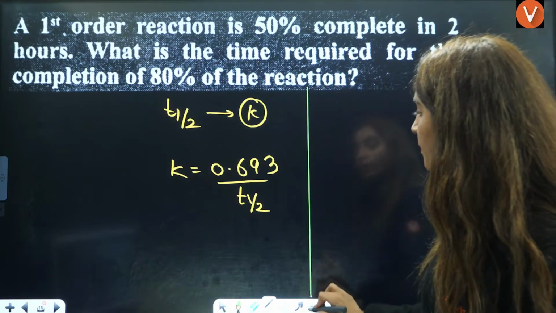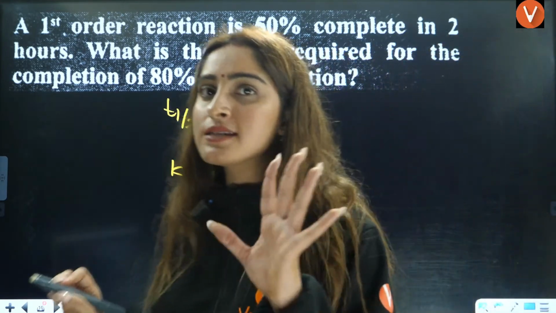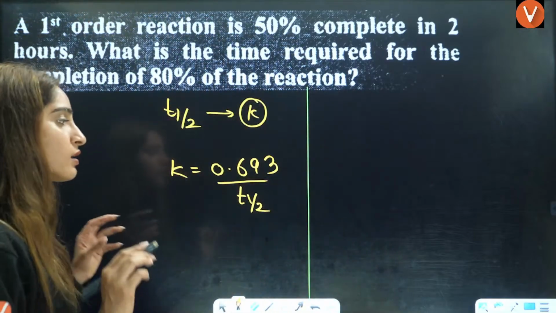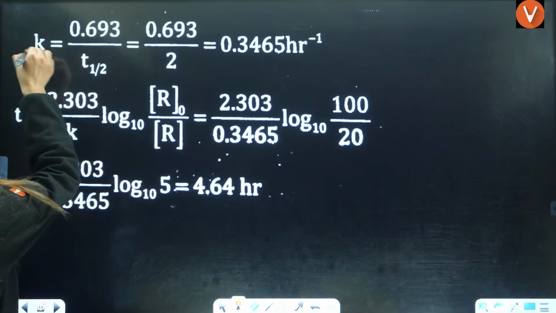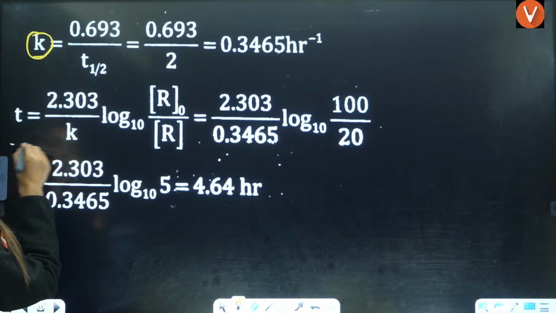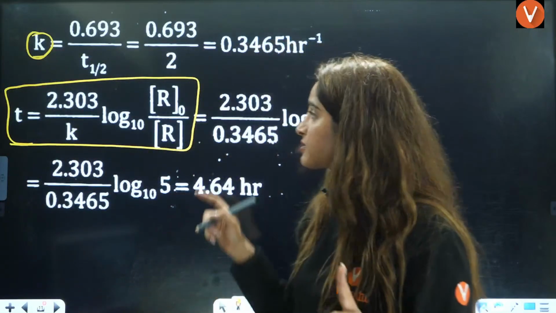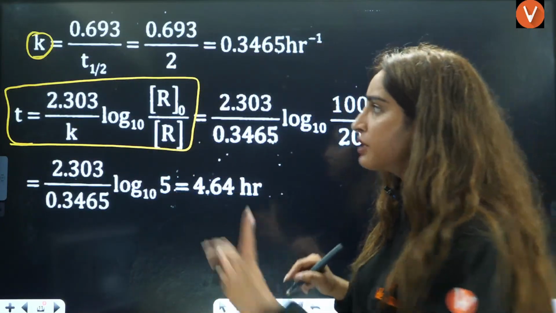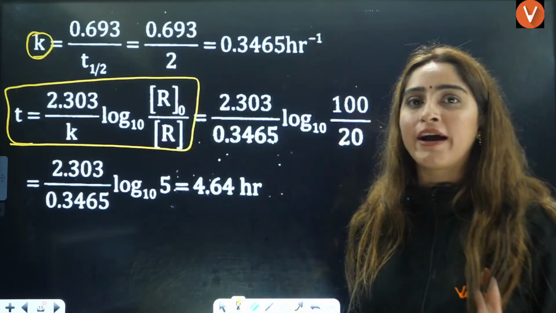Now you have to complete 80% of the reaction, right? K is given to you, time required they are asking. So for that, we'll directly apply this formula. We have calculated the value of K. Now we will apply this formula of first order reaction: t equals 2.303 by K log of initial by final.